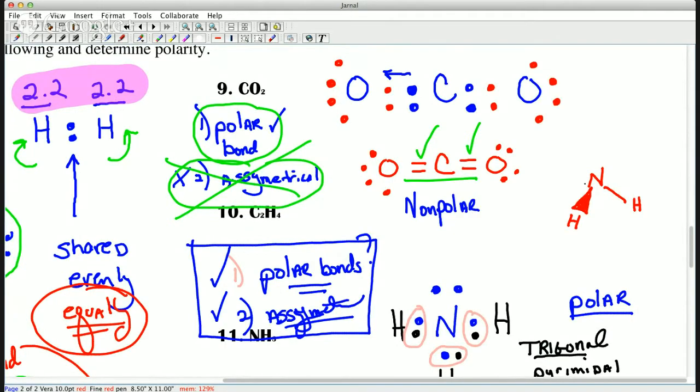And then there's a dotted line. Dotted line means it's coming behind it, and there's an H. And then we have a lone pair up here. So if you can think with me, what you have is this lone pair, which pushes these other bonds downward into the top of a 3-sided pyramid.